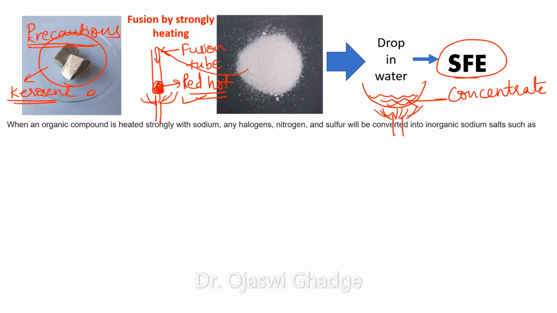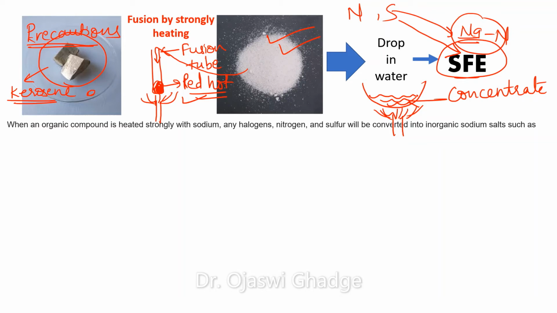Now what is expected to be present in this sodium fusion extract? If in my compound there is nitrogen, then that nitrogen is taken along with sodium and is present in the extract. If this compound has sulfur in it, then that sulfur is taken out from that structure and is present in this aqueous extract.